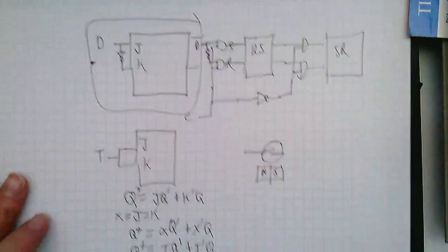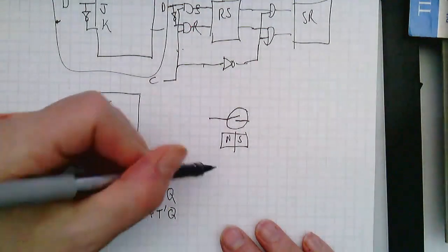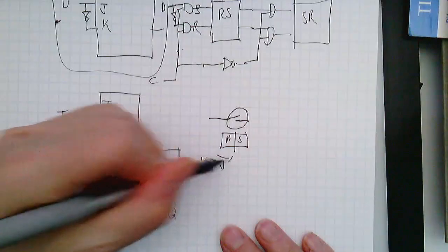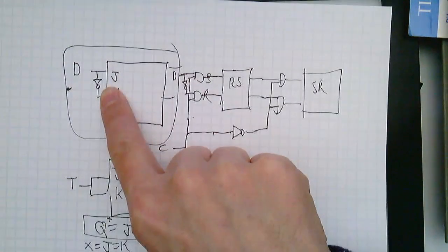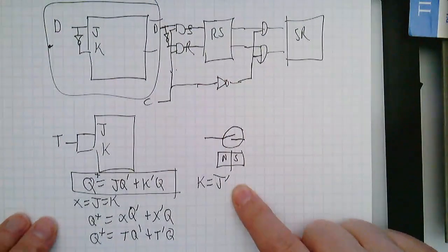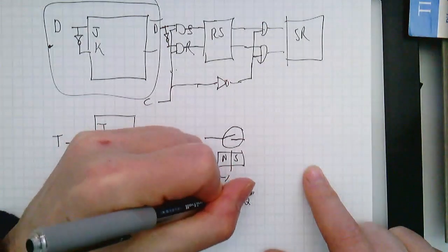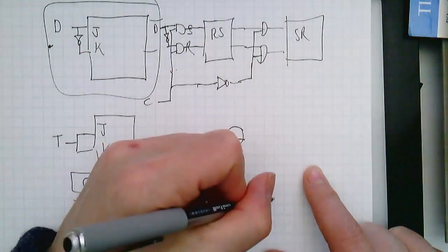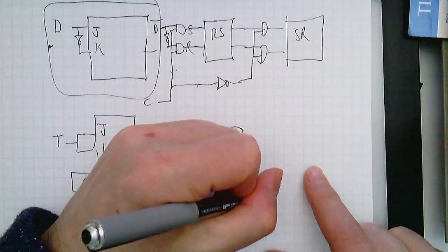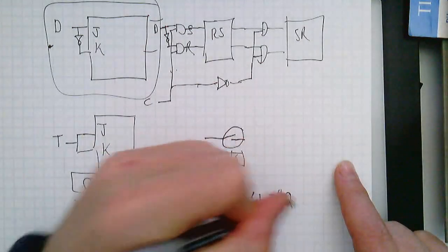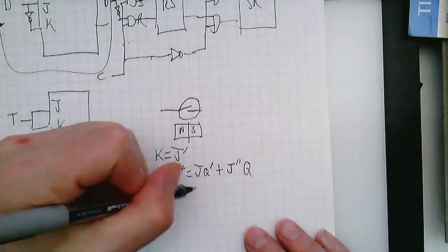Let's look at it a different way. Suppose we start with the characteristic equation and we let K equal J prime, right? Because we've got an inverter up here. So if K equals J prime, then Q plus must equal J Q prime or J prime prime Q. Well, what's J prime prime?